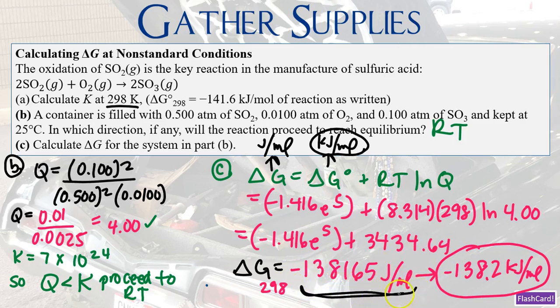Because we're at 298 Kelvin, I can then convert from joules per mole to kilojoules per mole. So I divide this number by 1,000, and I get negative 138.2 kilojoules per mole as my final answer for letter C.